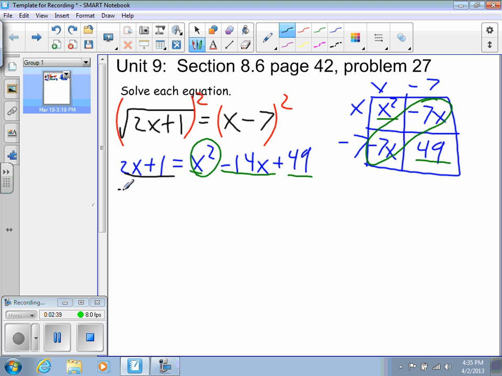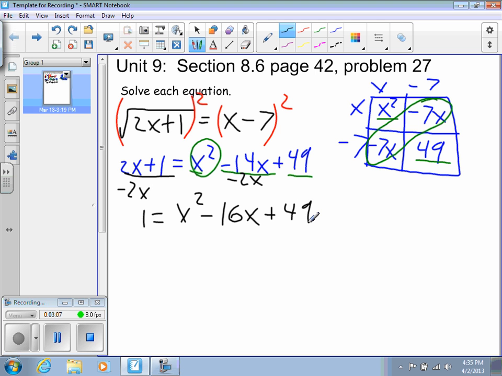Let me start off by subtracting 2x from both sides. So that'll give me 1 equals x squared. Oh, and let me write the minus 2x over here as well. Minus 16x plus 49.